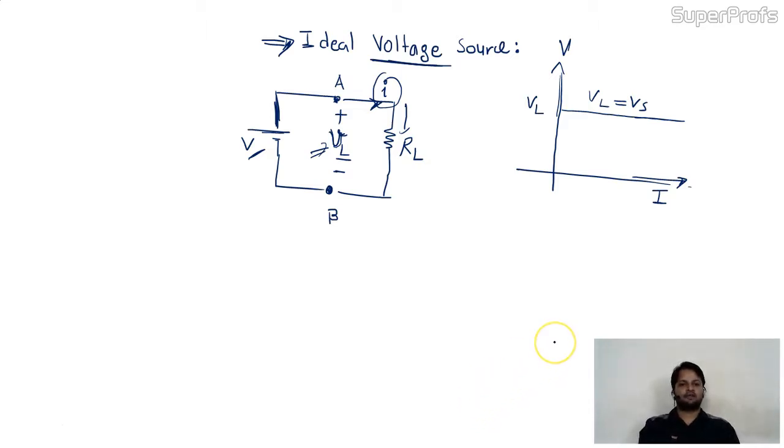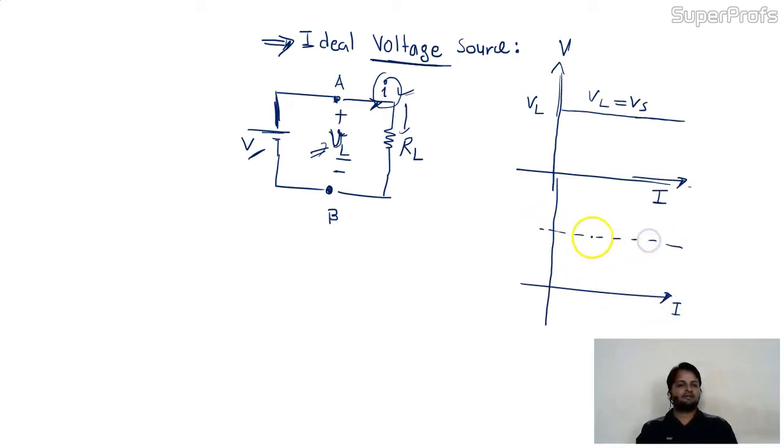This is the ideal voltage source. They are saying whatever current is taken out from the source, the voltage of the source will be constant. But in practical, friends, this will not happen. If the value of current increases, the VL will drop.